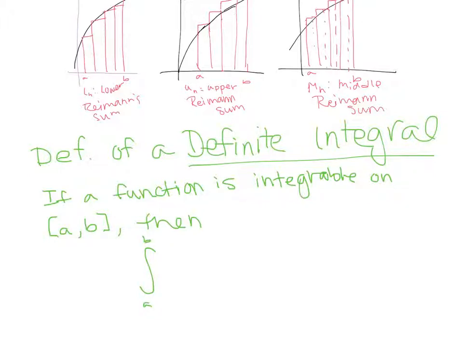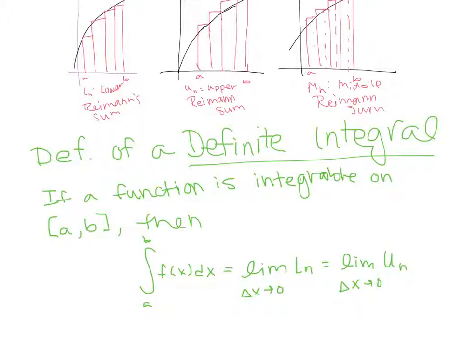Then the integral from a to b of some function f of x dx is equal to the limit as delta x approaches 0 of the lower Riemann sum, and that's also going to be equal to the limit as delta x approaches 0 of our upper sum.